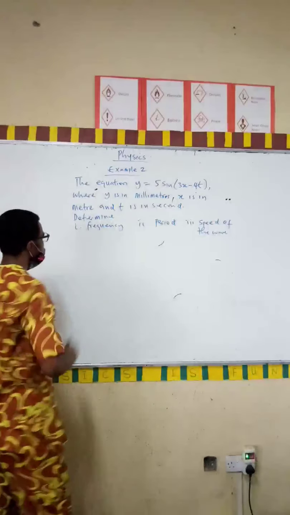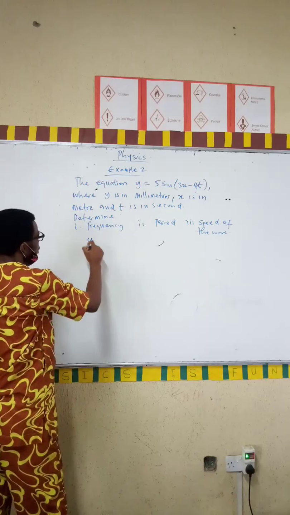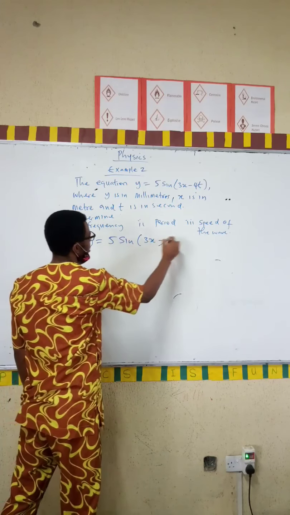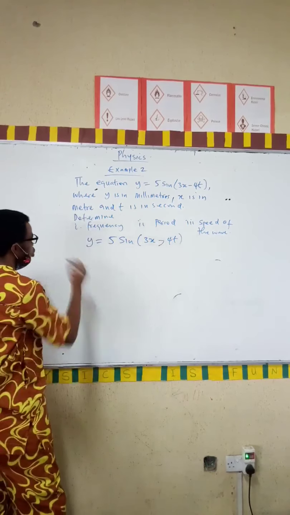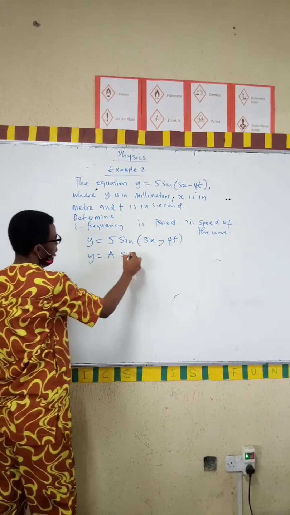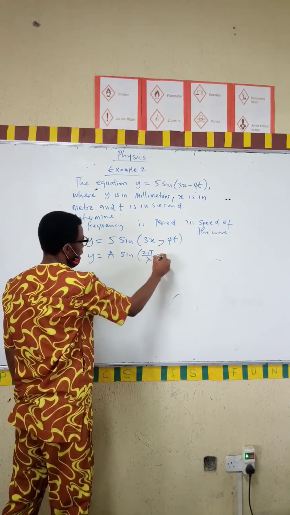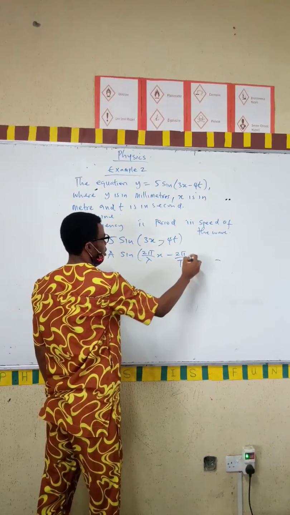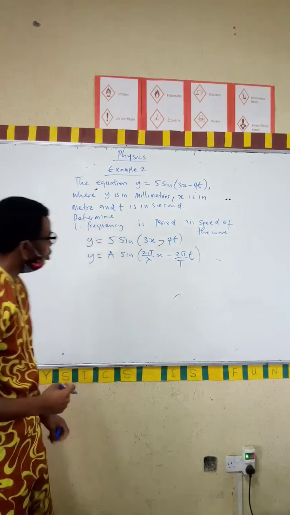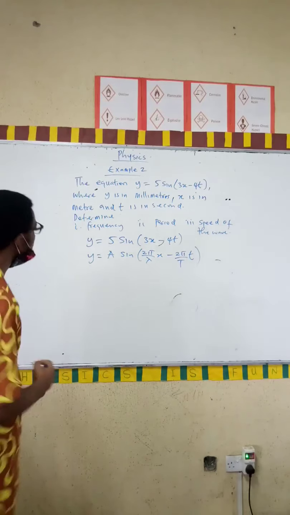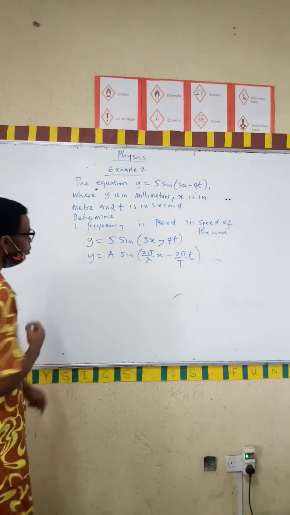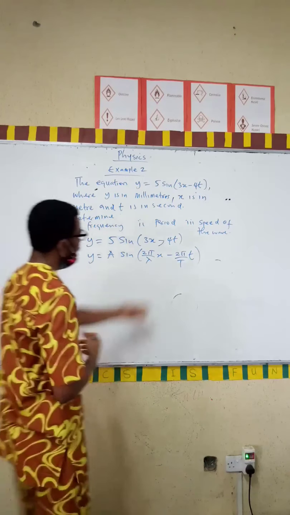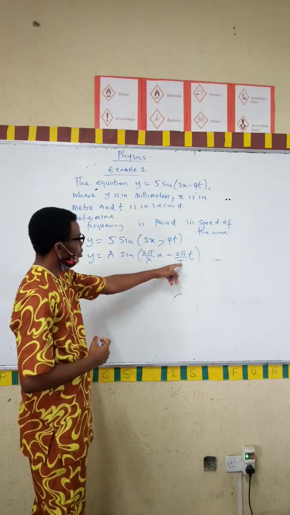So before then, I have y equals 5 sine 3x minus 4t. Equation 2 is y equals a sine 2 pi over lambda x minus 2 pi over T. This is equation 2. So for the first one, I'm looking for frequency. If you are using this, you have to be very, very careful.